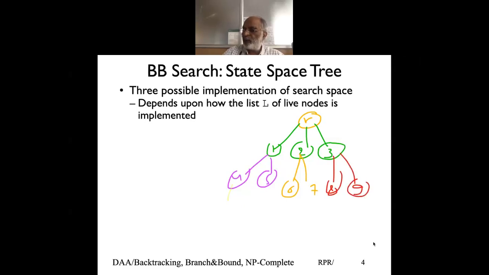So when I'm exploring, how do I go? Do I go depth first search? Or do I go through each child in order? Or do I look at which are my least cost and explore only that?